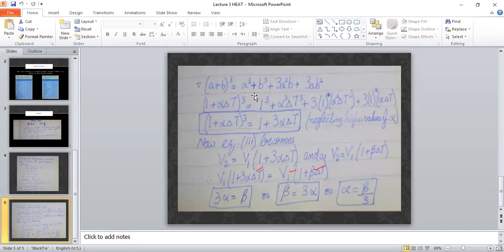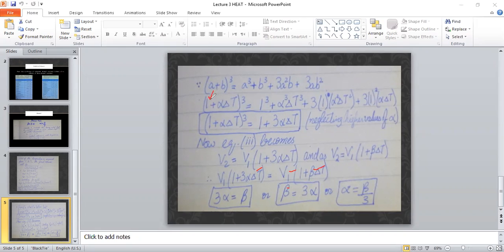Now, we all know, as we did yesterday, that A plus B whole cube is equal to A cube plus B cube plus 3A square B plus 3AB square, or whatever sequence you keep. Now, 1 plus alpha delta T cube.